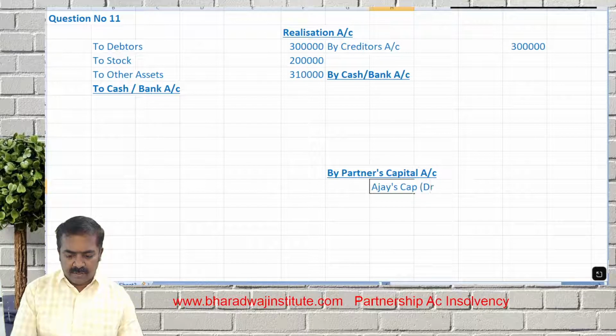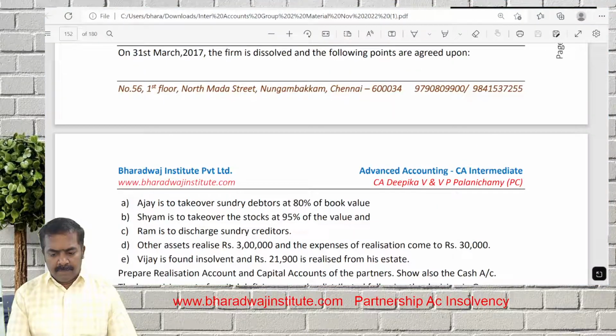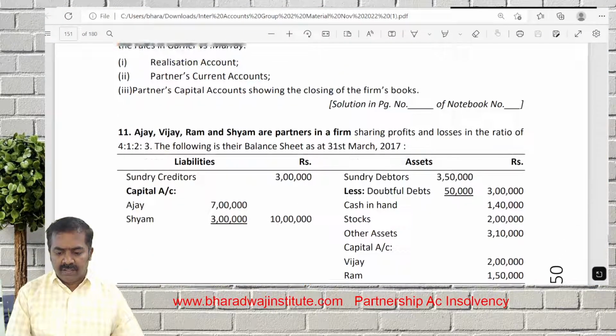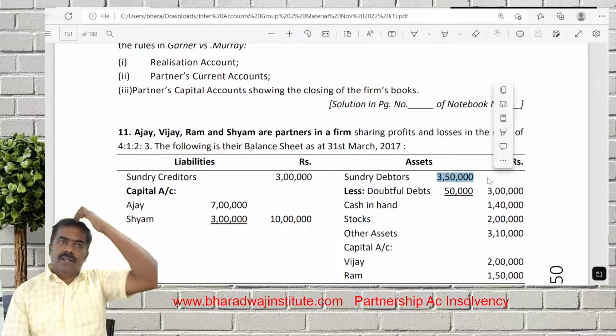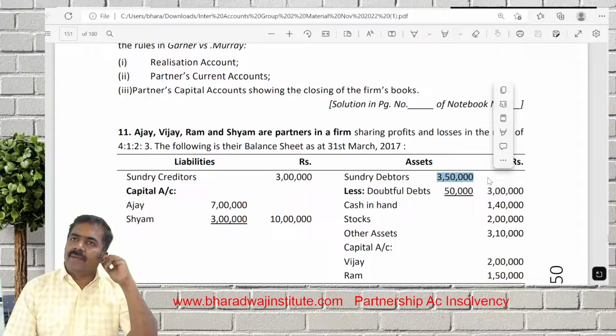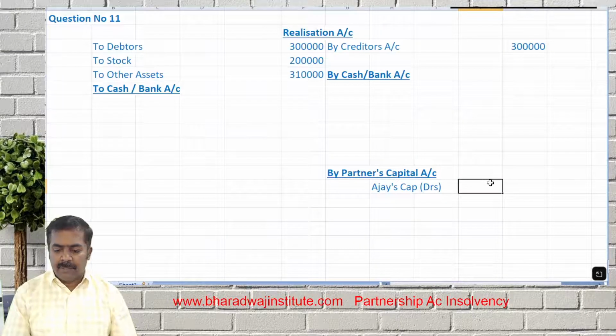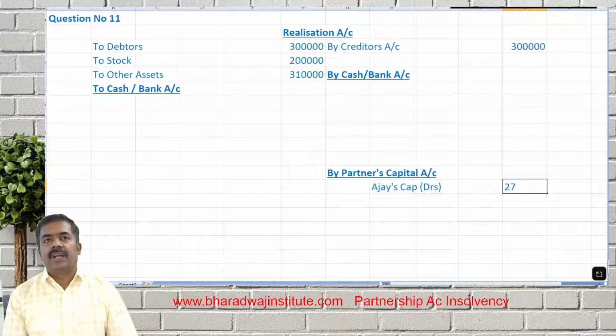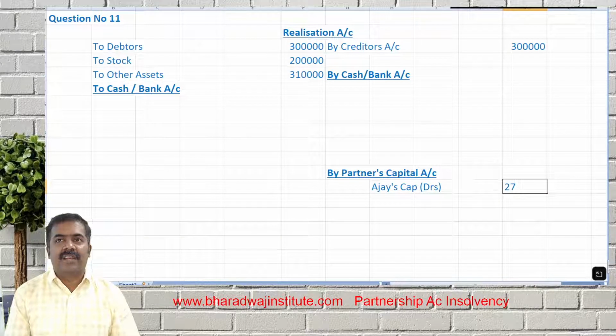For debtors taken over, how much debtors were taken over? 80% of book value, that is 3,50,000 at 80%. Provision is not a loss. Provision is only an estimated loss. 3,50,000 at 80%. How much?